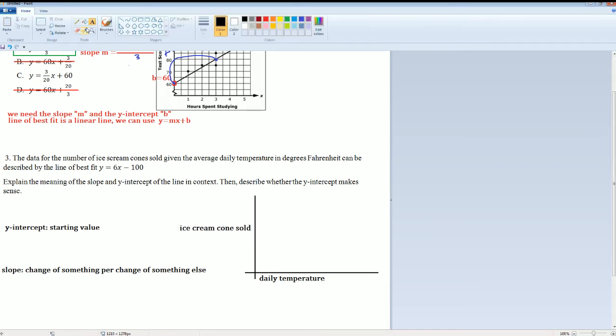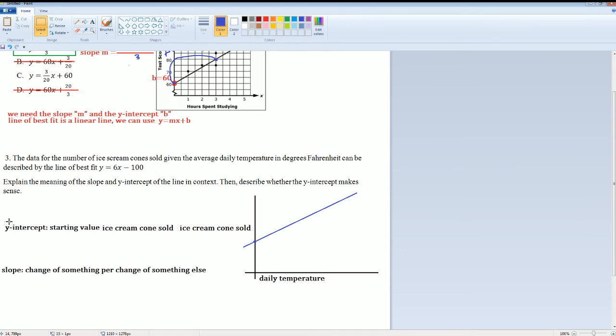So the starting value here, I can even graph it right here. What does this value mean? This means it is the starting value of your ice cream sold.